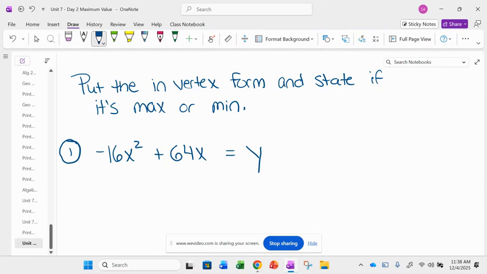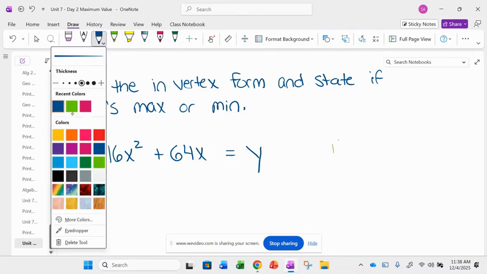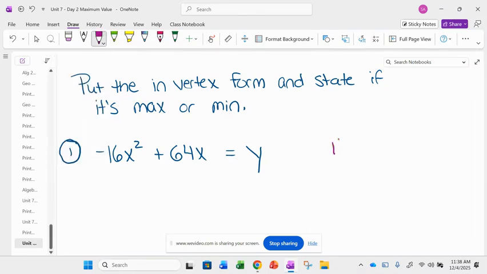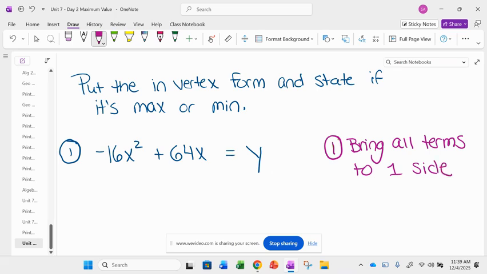So we want to complete the square, but I'm not doing it the same way I would complete the square if I were solving for x. So the first thing we want to do is bring all terms to one side, assuming they weren't already on one side.